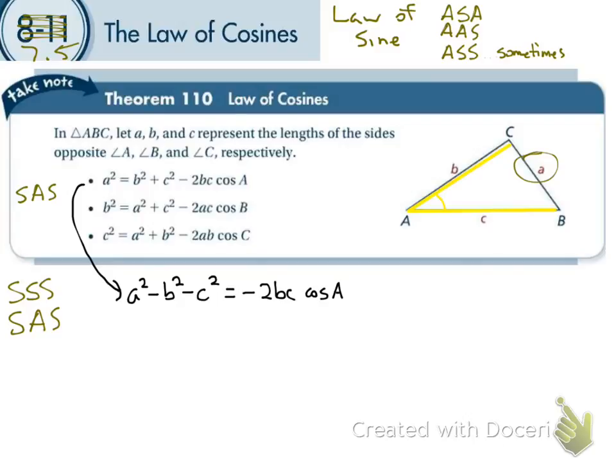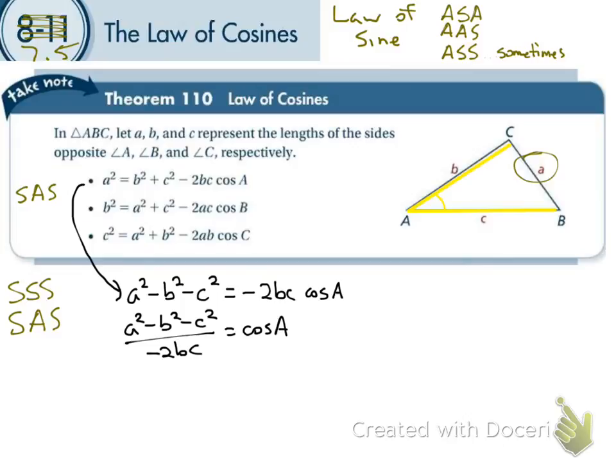Now I divide by negative 2bc. And I get cosine A by itself. Now, that tells me here I'm going to figure out whatever all that stuff on the left-hand side becomes, and then use cosine inverse, spits out angle A.